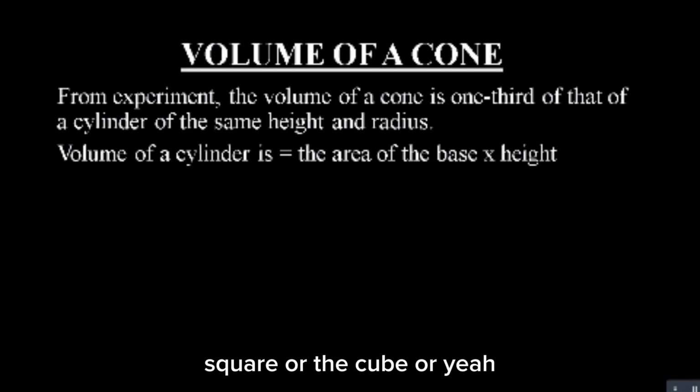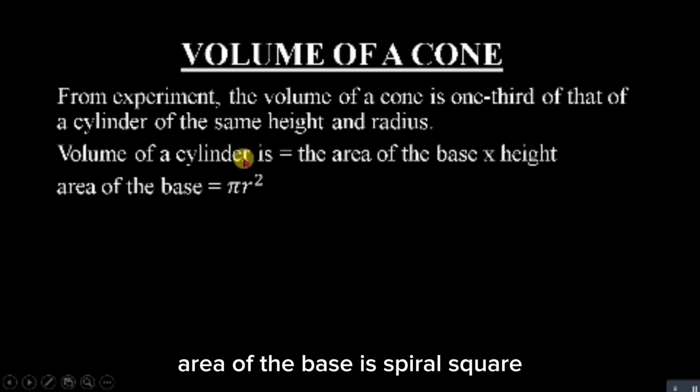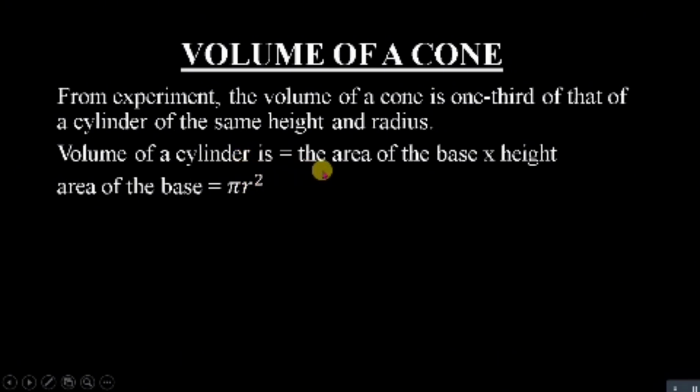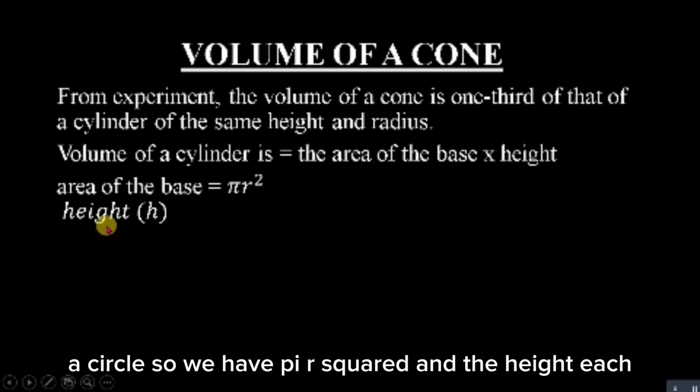Now, the area of the base is pi r squared because the base of a cylinder is a circle. So we have pi r squared, and the height h. Therefore, the volume of a cylinder is equal to pi r squared h, base area times height.